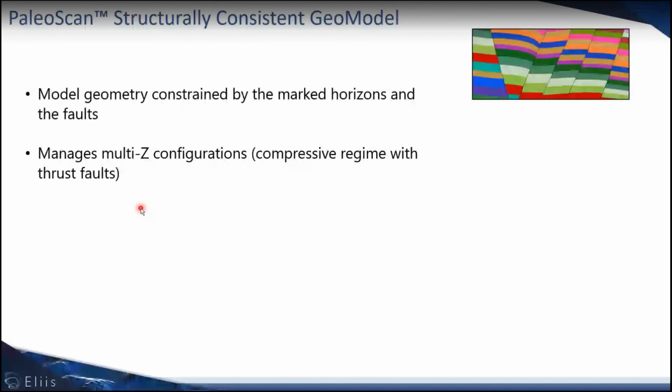And you can also benefit from the structural constraints, so the presence of faults, if you've interpreted them or if you've got them into PaleoScan, to constrain the geometry of your model to create some consistent geometries. And I've not insisted on this in this presentation, but you can also, in the model, generate first geometries, as you can see in this tiny example up there.